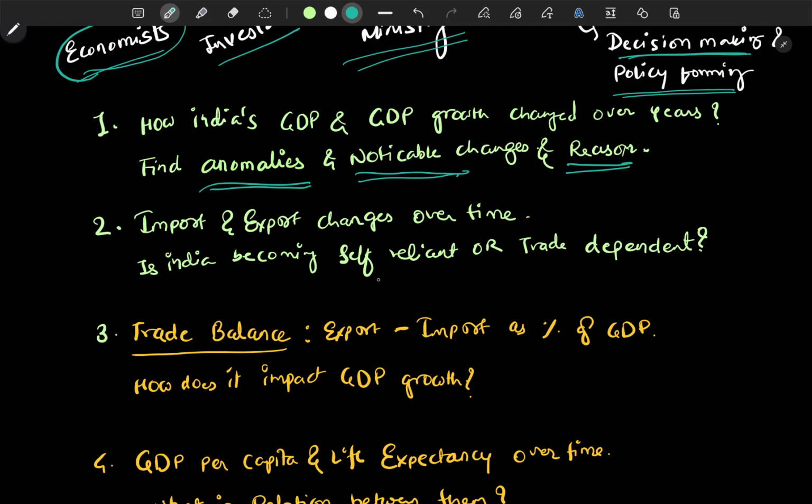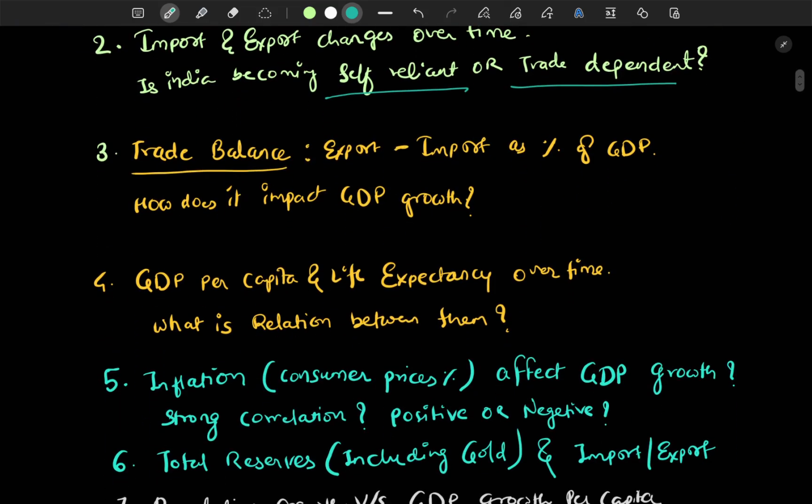Is India becoming self-reliant or trade dependent? That means, is India able to produce for its own demand, can India fulfill its own demand or not, or does it rely on foreign trade, foreign goods and services, for that? What is the trade balance?